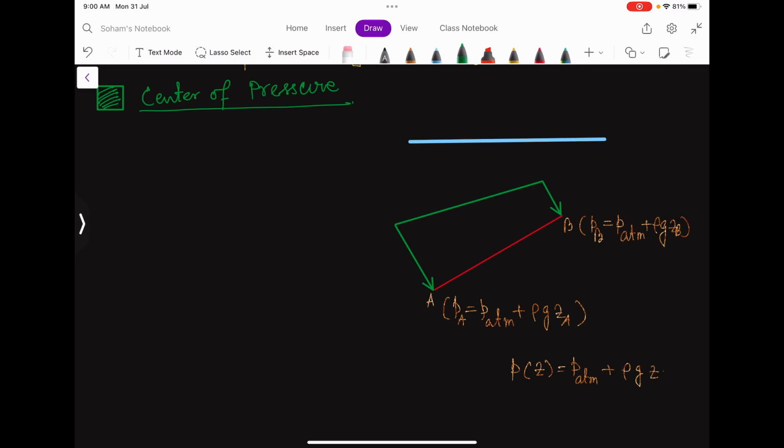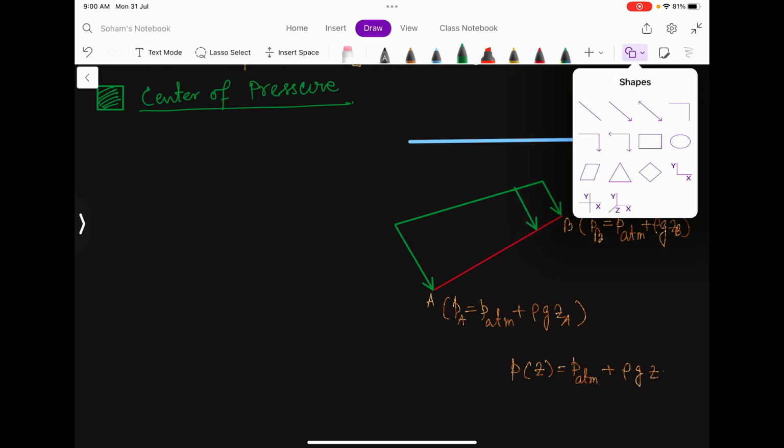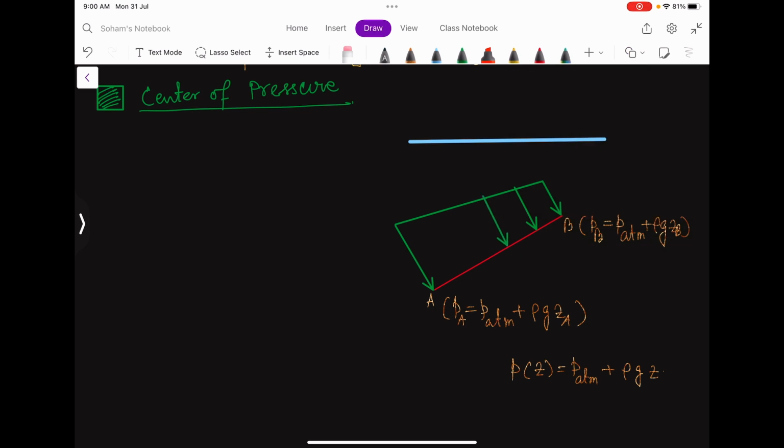Now if I draw arrows like this at every point of the plate, then these arrows will show the direction and magnitude of pressure force at different points of the plate. So this is the pressure variation along any line. And we all know this plate is a two-dimensional figure, considering the thickness to be negligible.